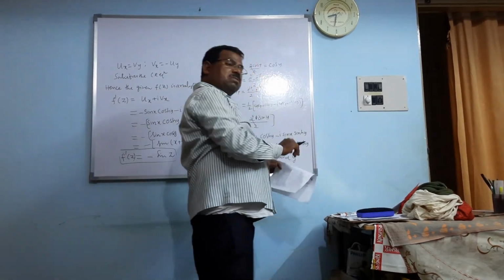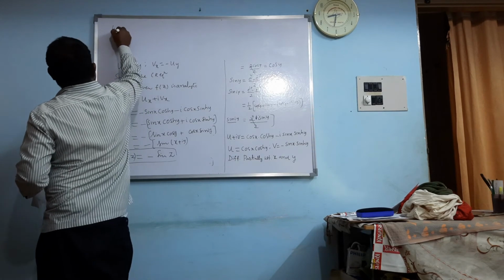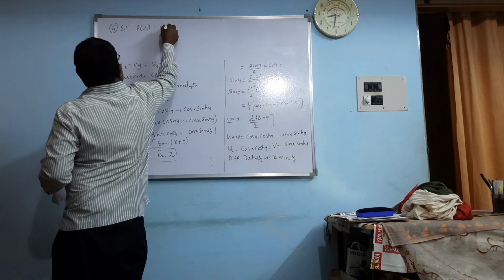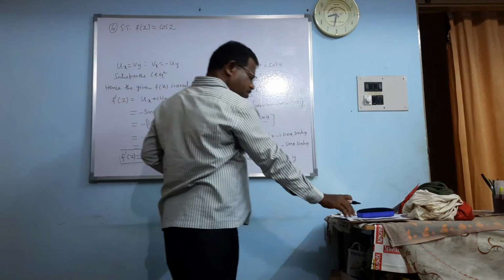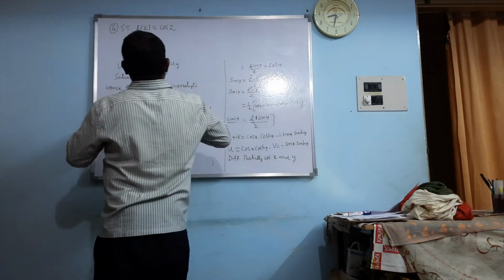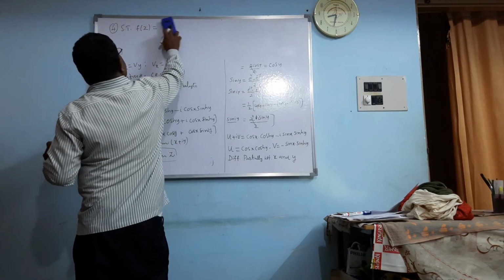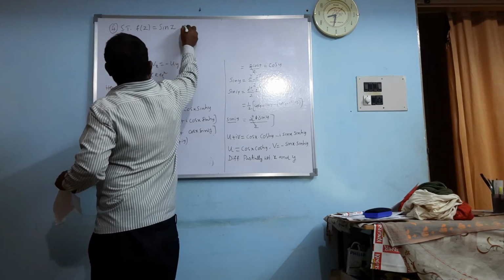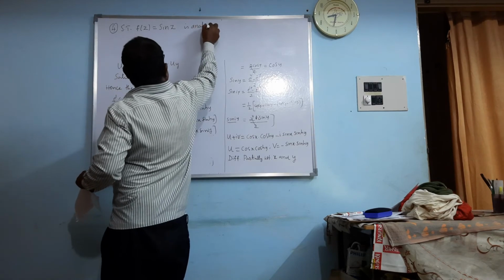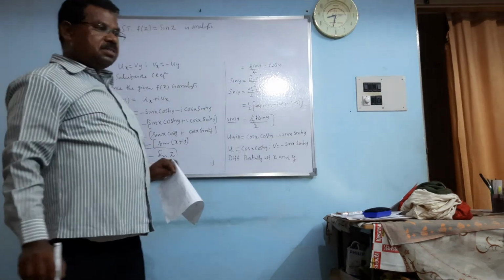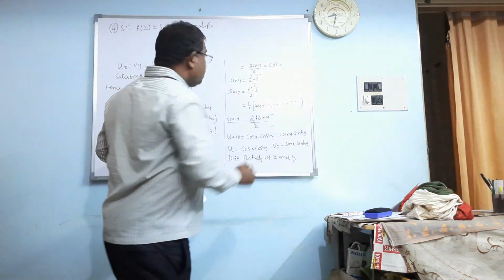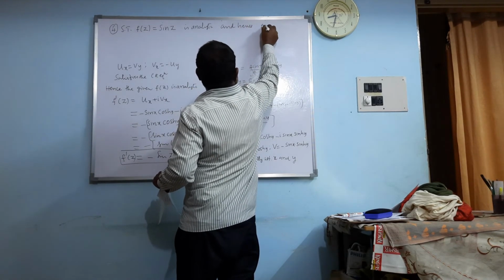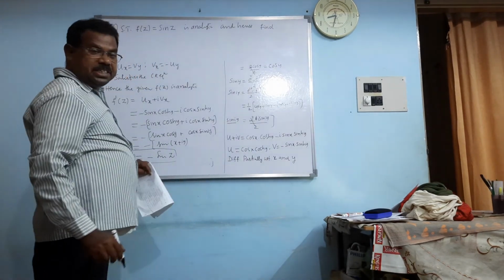Problem number 4: f of z is equal to sin z is analytic, and hence find its derivative.